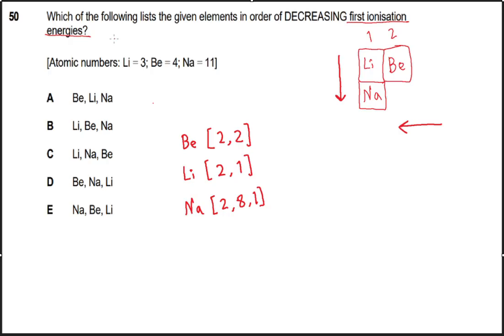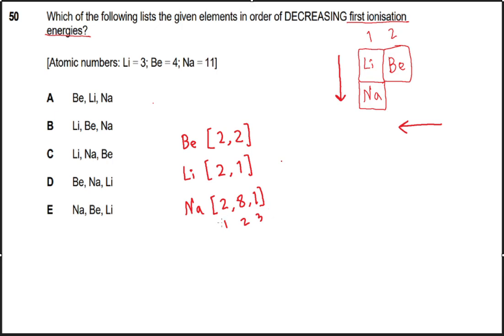But now from this, we have to deduce which one has the least ionization energy and which has the highest. We can directly judge that sodium must have the least ionization energy. Why? Because it has the most electron shells: 1, 2, 3. It has 3 electron shells.